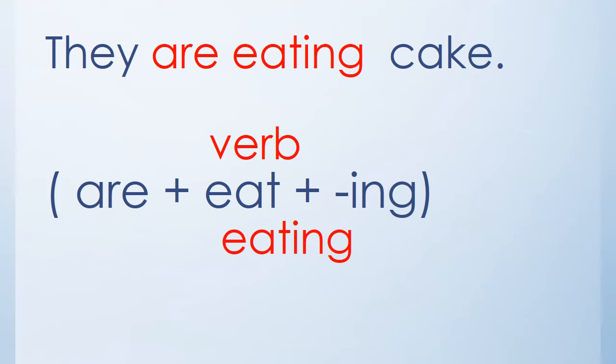With they, we use are, and the verb is eat. We add ing to it. It becomes eating. They are eating. They are playing. They are dancing.